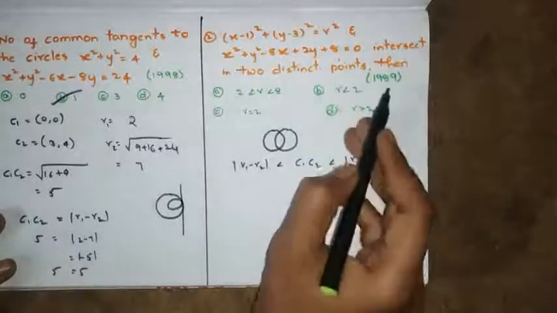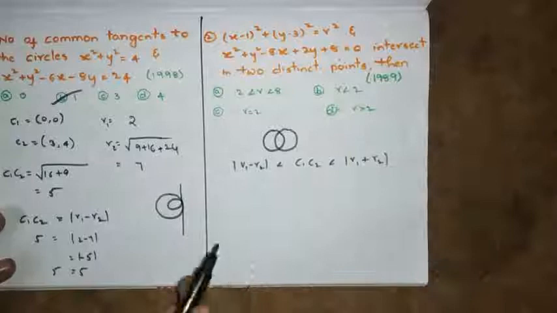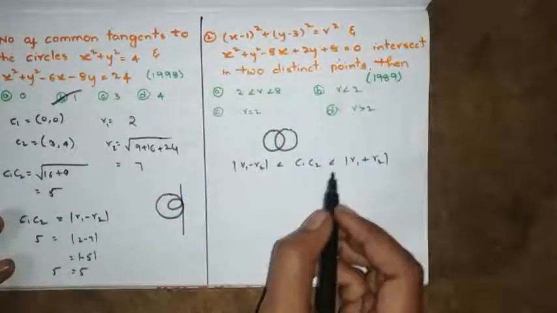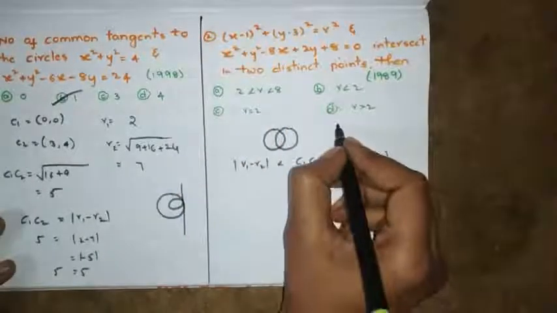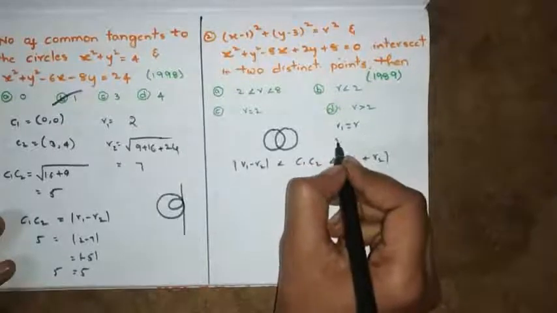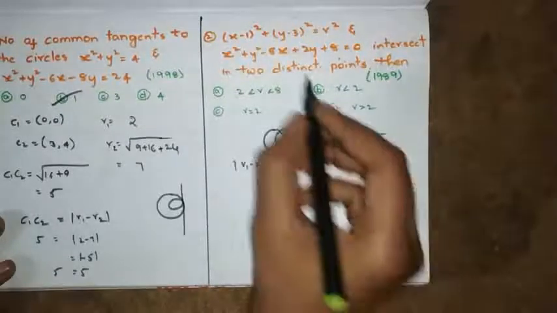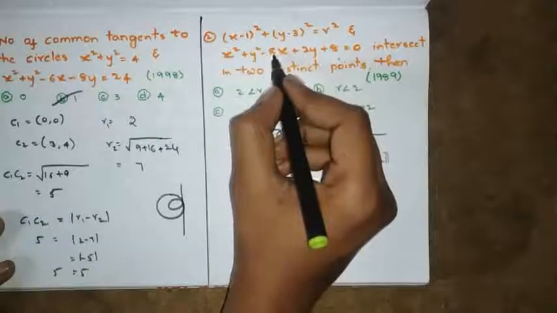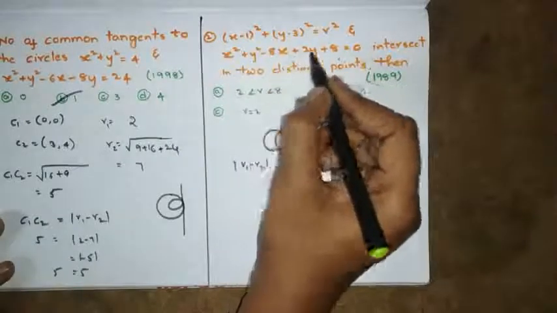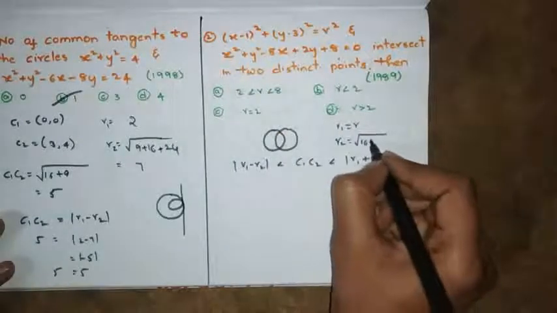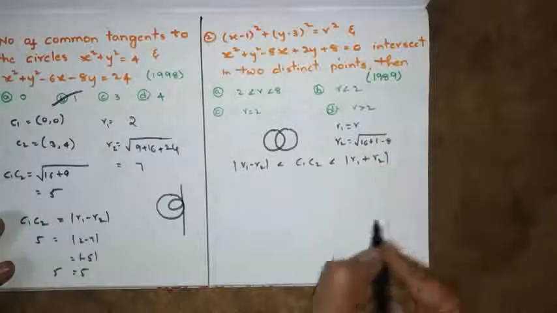Okay. This is a 1989 IIT question. Okay. First, R1 is R. And R2 is the square root of G square value, which is 4, minus 1, 16 plus 1 minus 8.